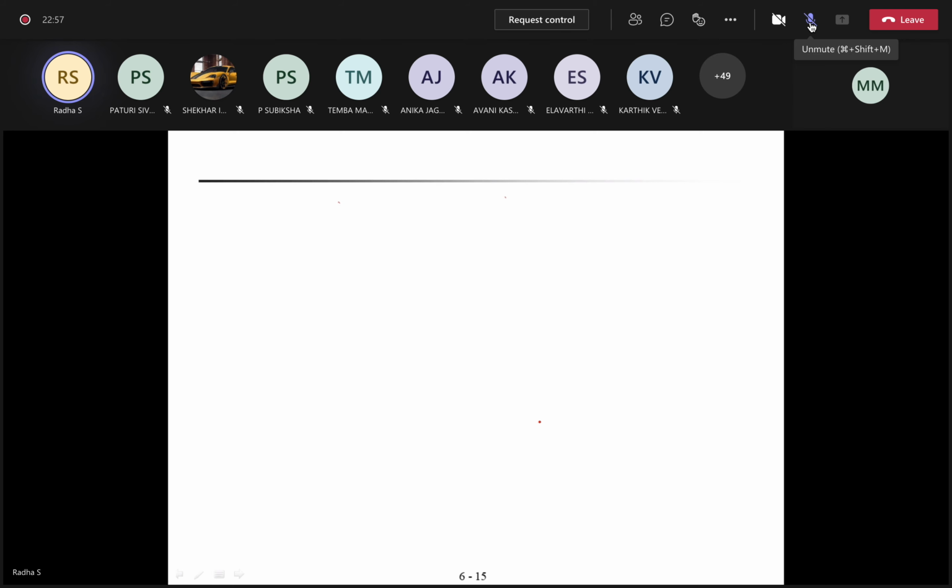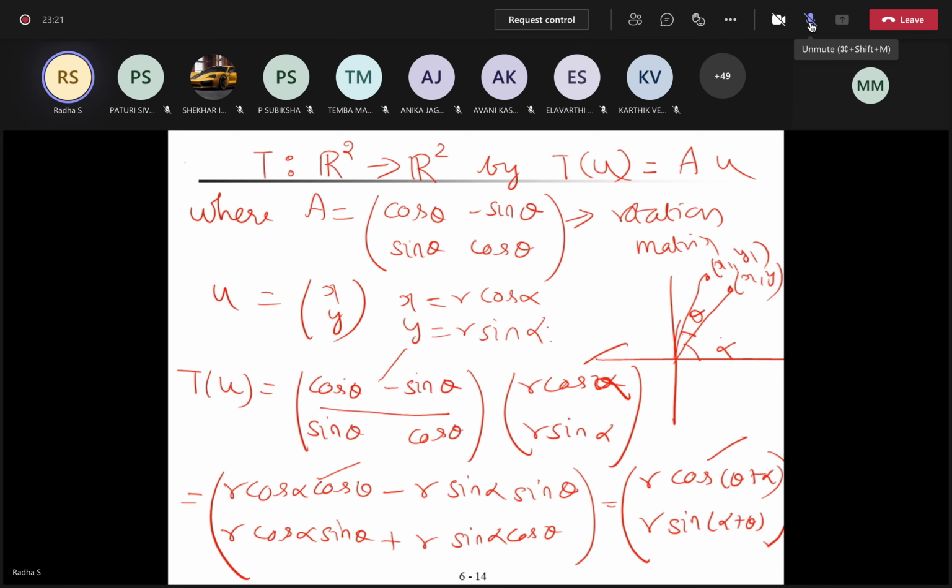In orthogonal transformation, you take the eigenvectors, orthonormalize them and form a matrix, the P matrix. Since you are orthonormalizing the vectors and taking them as columns, what type of matrix is that? Orthogonal matrix. So here also, this rotation matrix is an orthogonal matrix. What is the speciality of an orthogonal matrix? The inverse of the matrix is just its transpose.